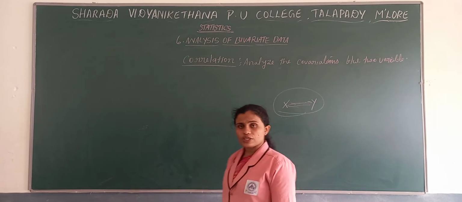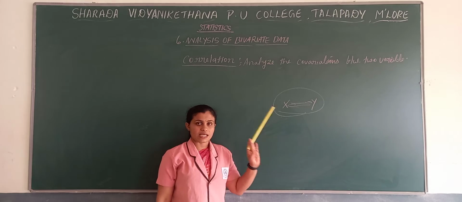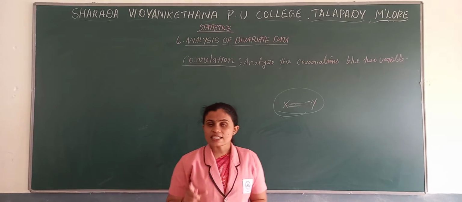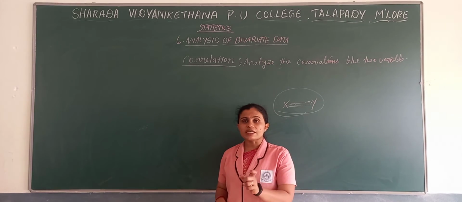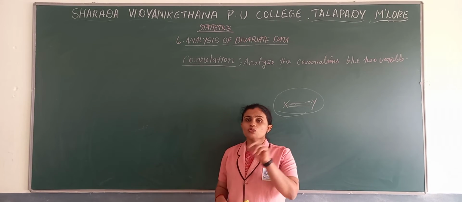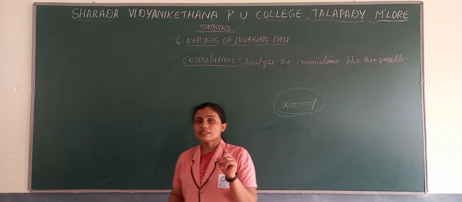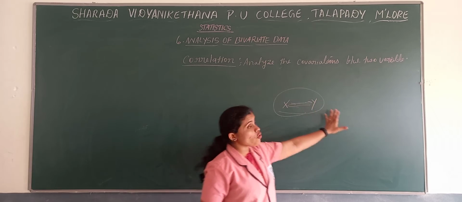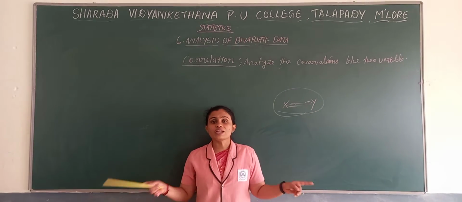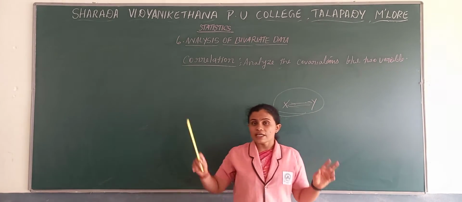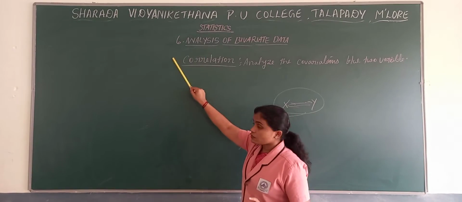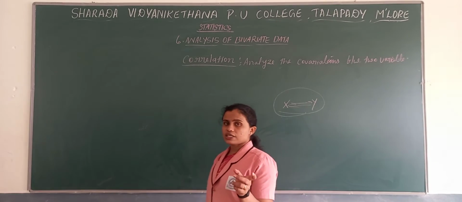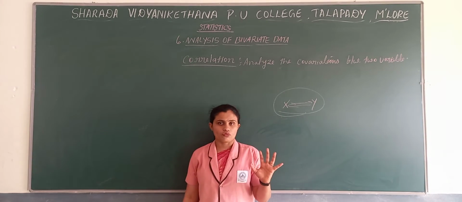What kind of degree of relationship do these two variables have? That we call correlation. So correlation is a statistical device which measures the degree of relationship between two variables, or which analyzes the covariation.